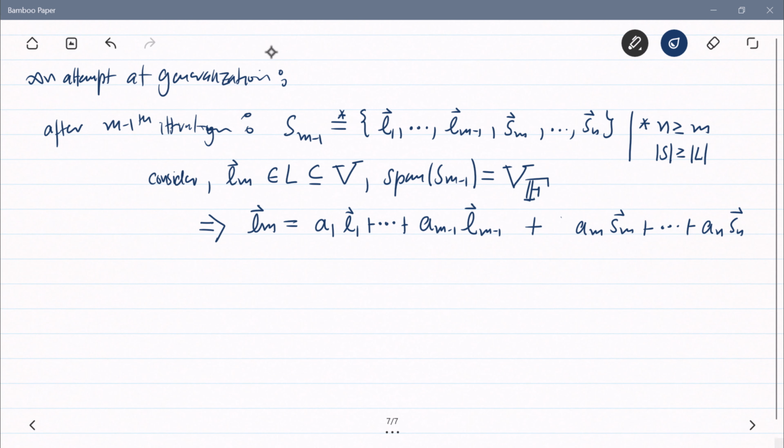And we can ask the same question again. That is, can A sub j be equal to the 0 of the field for all j from m to n? Now we will be looking from here to here. Well, not exactly. Suppose this is true.